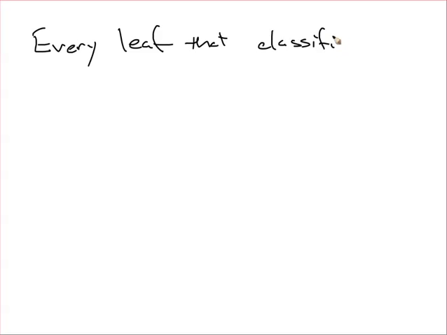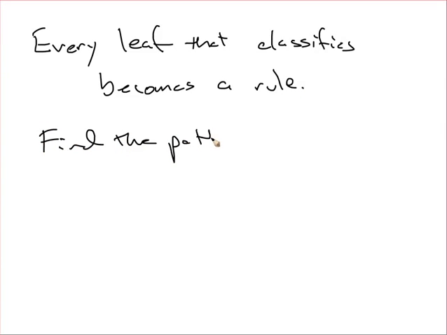So basically, if we want to summarize, every leaf that classifies becomes a rule. Then we find the path from the root to the leaf, and we do that implicit and.